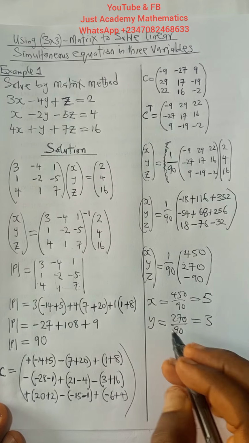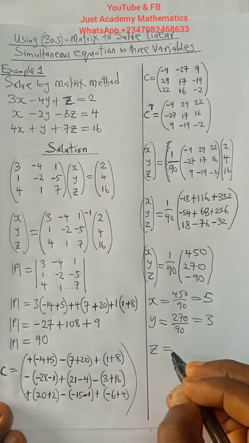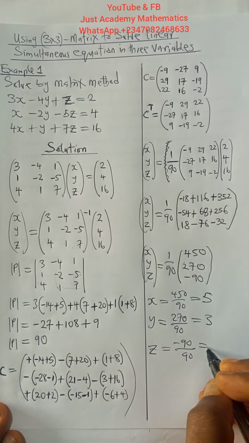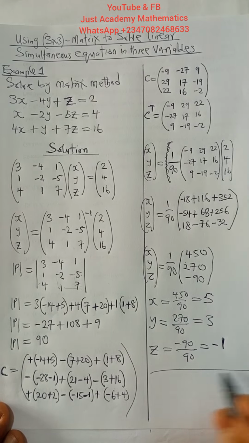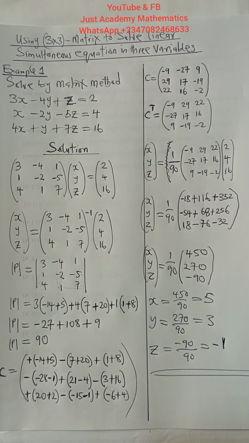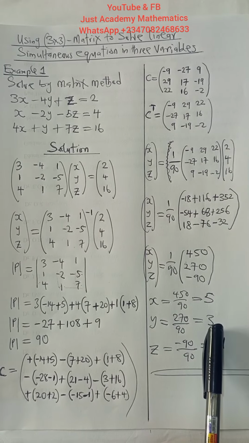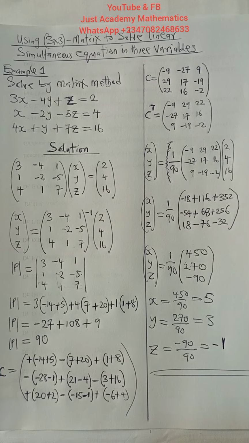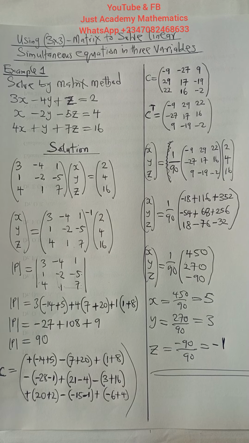And then, what is z? z is equals to minus 90 over 90, which is minus 1. So these are the 3 values we are looking for. x is 5, y is 3, and z is minus 1. So that is it on solving this question.